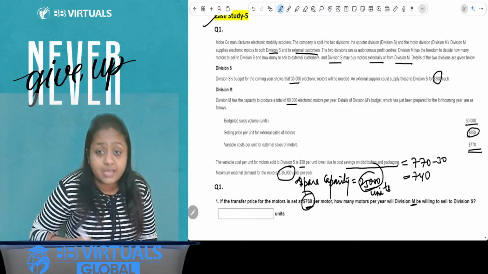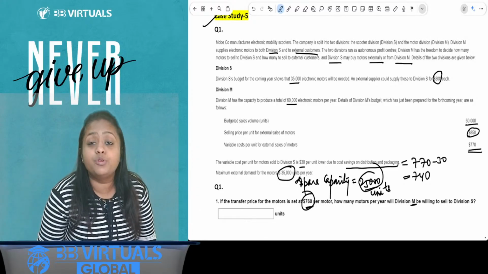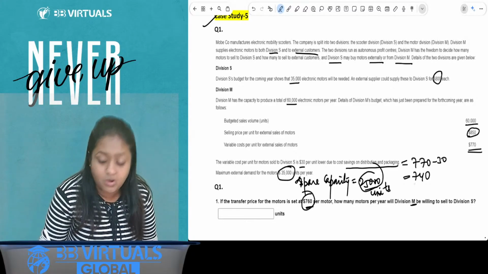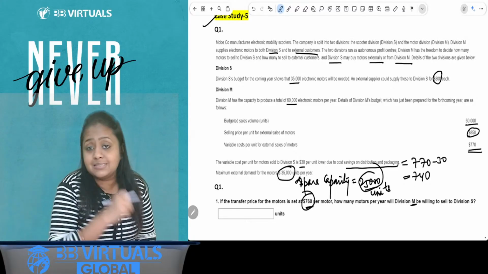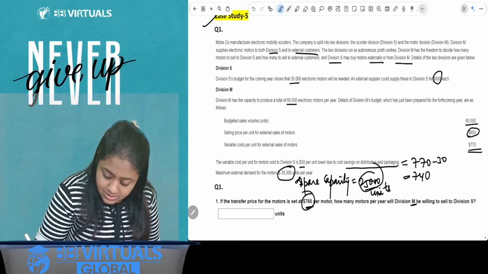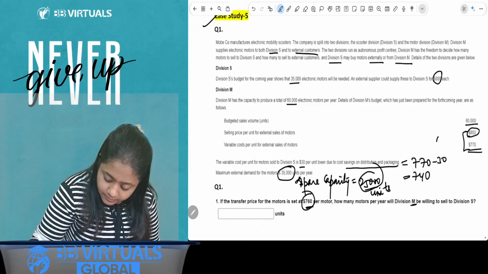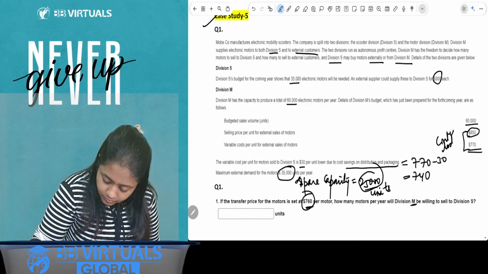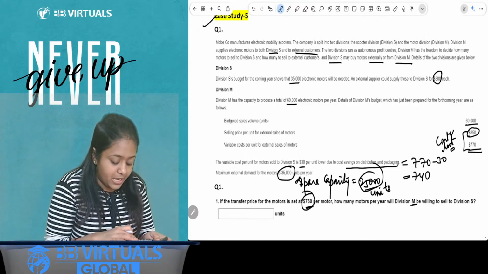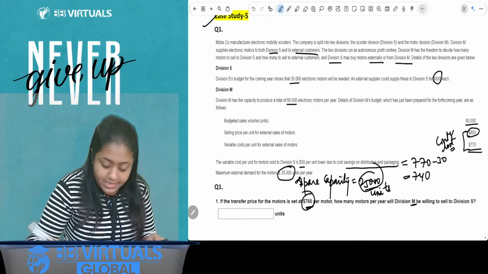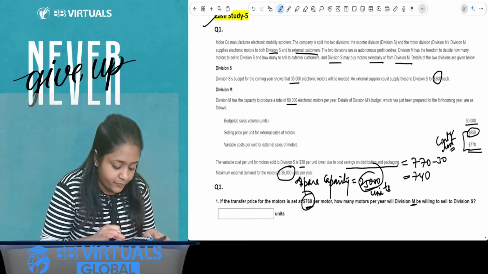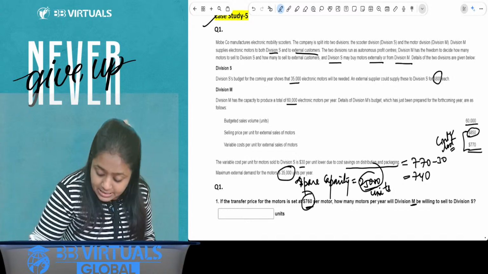So when they are looking into pricing, they would be looking at the minimum price. The minimum transfer price will be the variable cost, which is 740, plus the contribution lost. What is the contribution lost in this case? Look here. Contribution lost will be 850 less 770, correct? 850 less 770, which is 80.